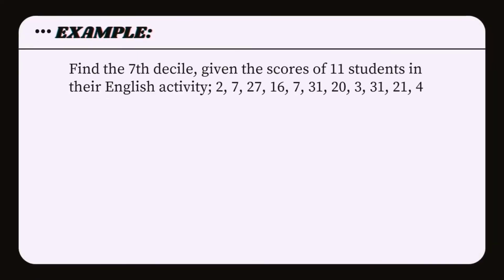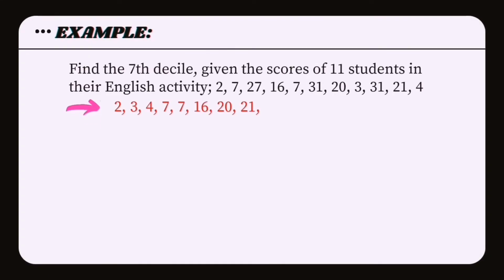Let's now proceed to the example. Find the 7th decile given the scores of 11 students in their English activity. The given data are 2, 7, 27, 16, 7, 31, 20, 3, 31, 21, and 4.